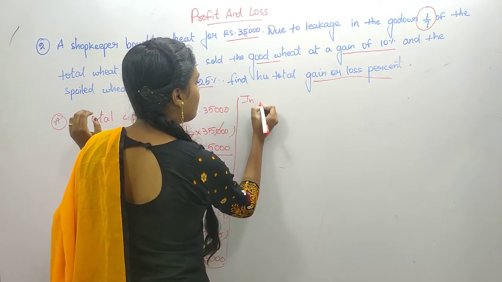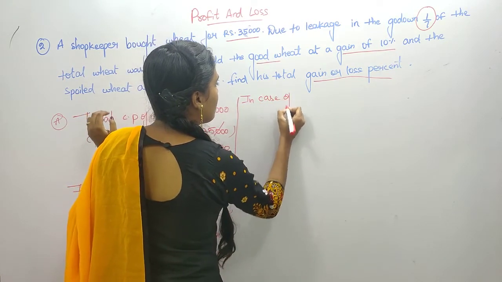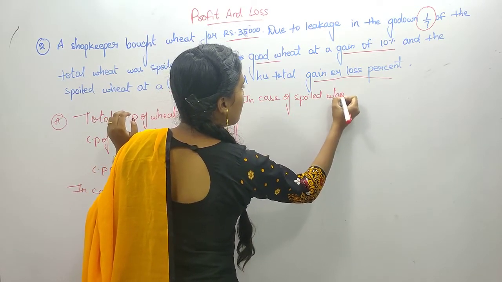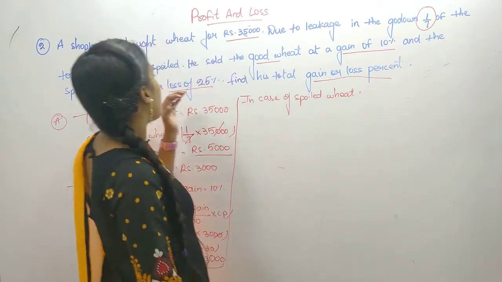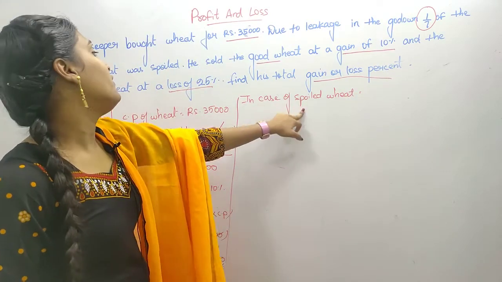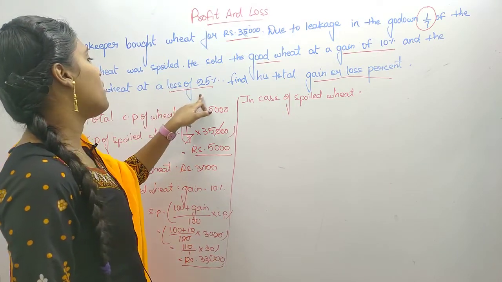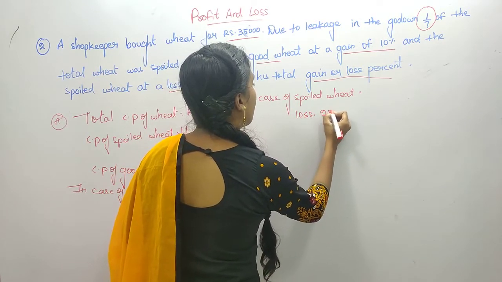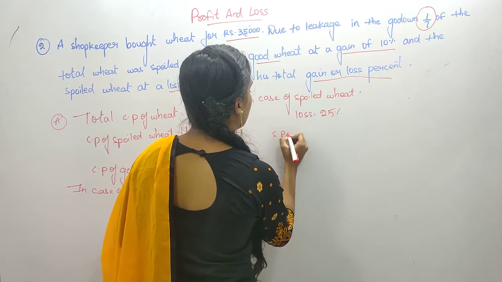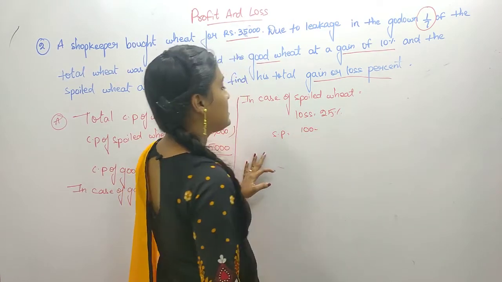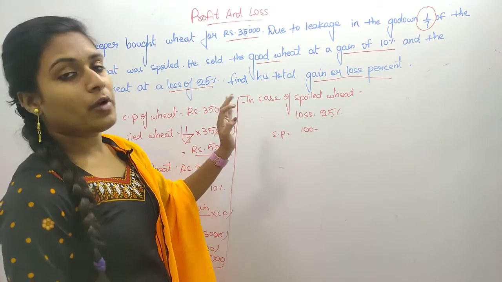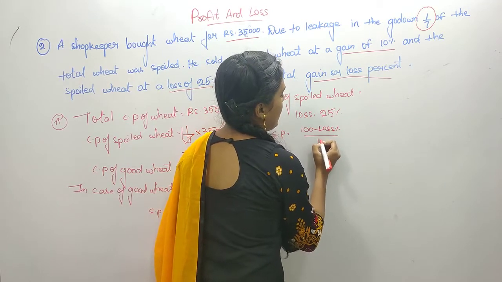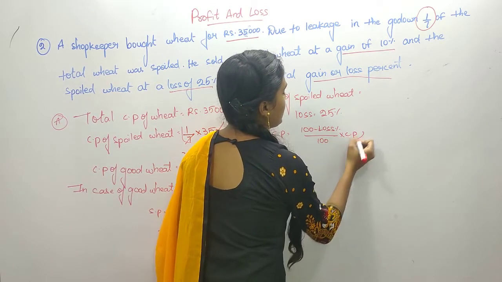In case of spoiled wheat, it is given in the question that the spoiled wheat was sold at a loss of 25%. SP is equal to (100 minus loss percent) by 100 into cost price.